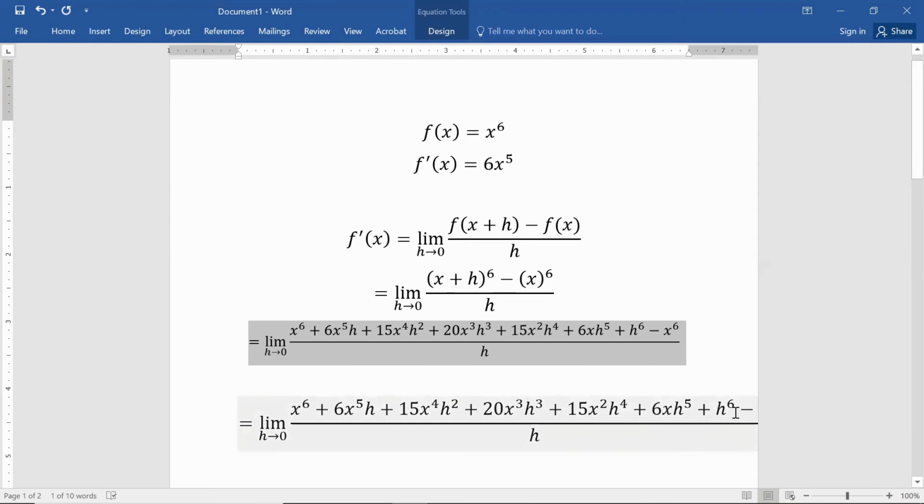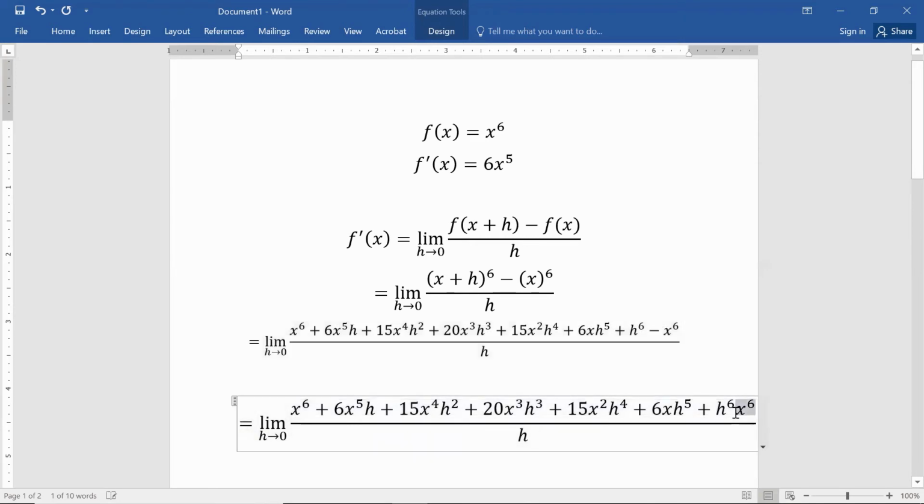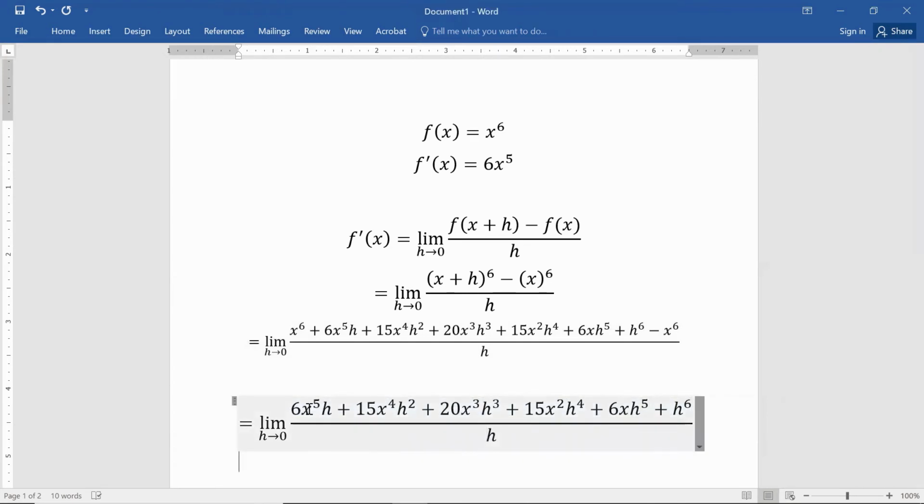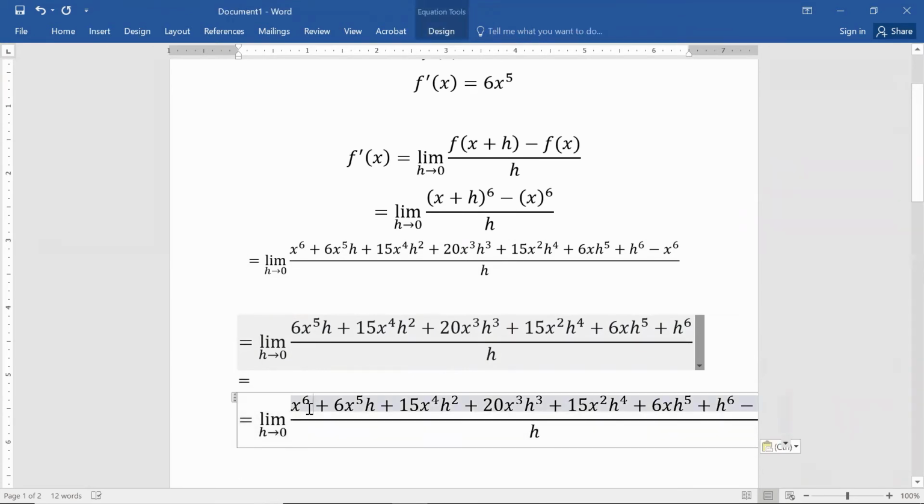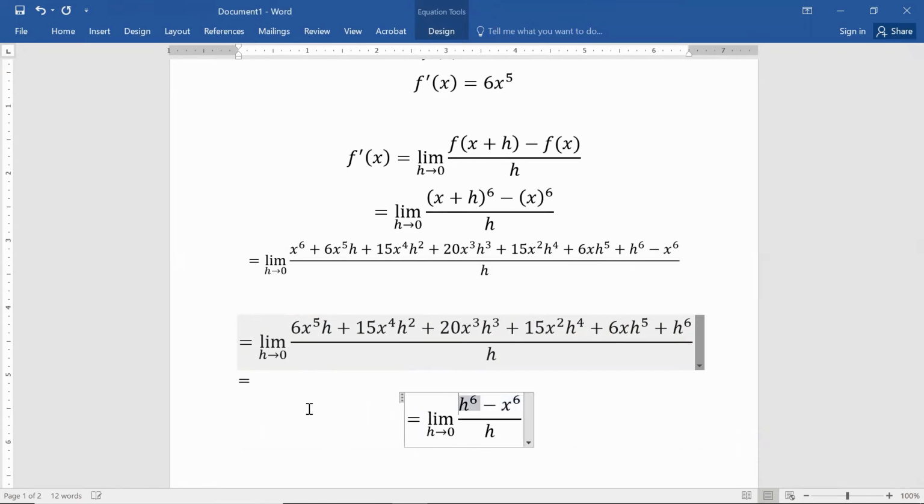So we see that the x to the sixth and the minus x to the sixth will cancel each other out. Notice every other term has an h in it. So at this point, I can just simply divide by h.